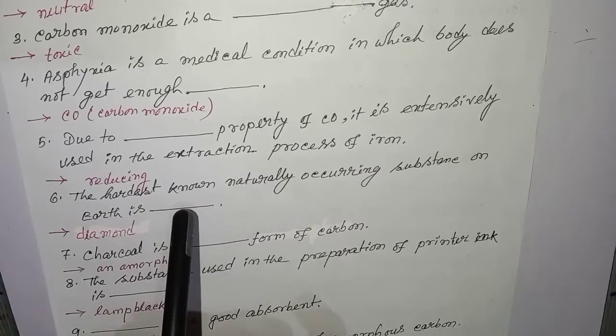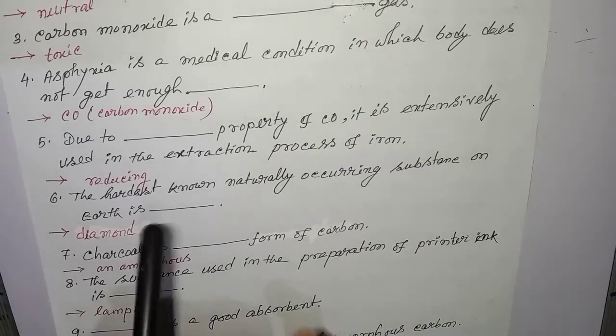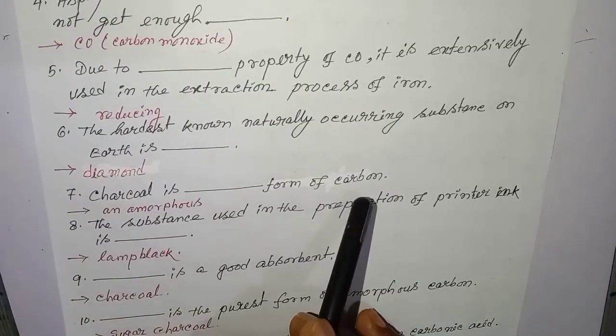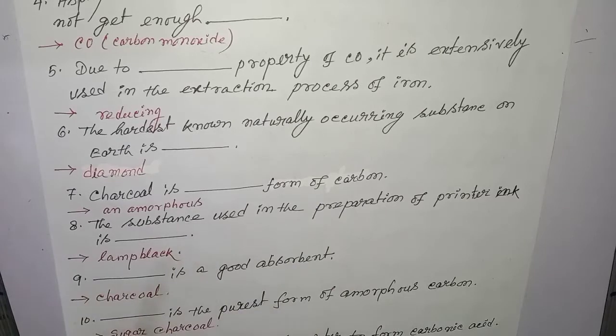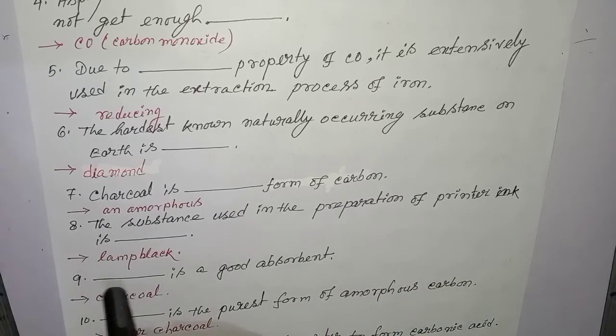The hardest known naturally occurring substance on earth is diamond. Charcoal is a dash form of carbon, amorphous. The substance used in the preparation of printer ink is lamp black.